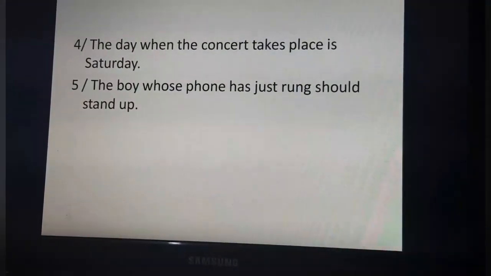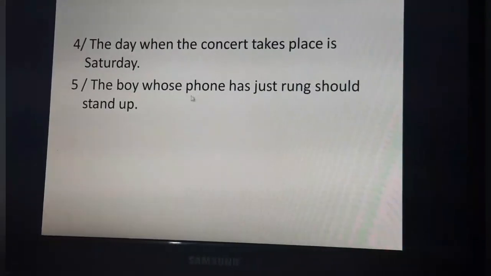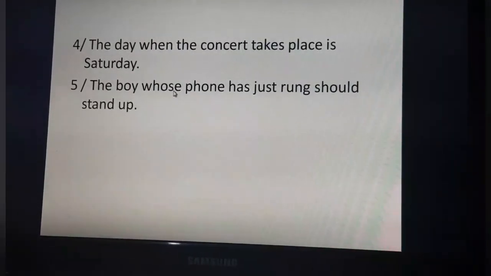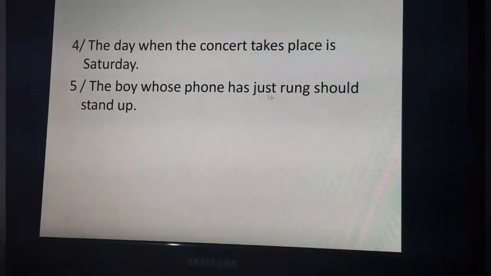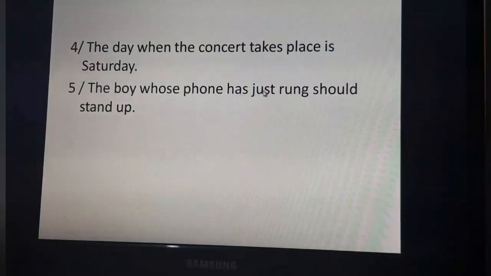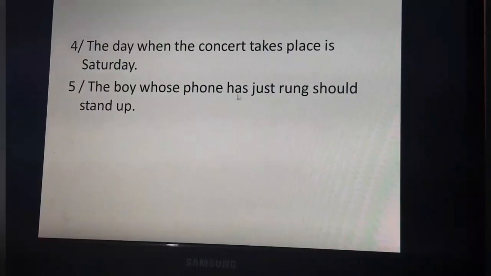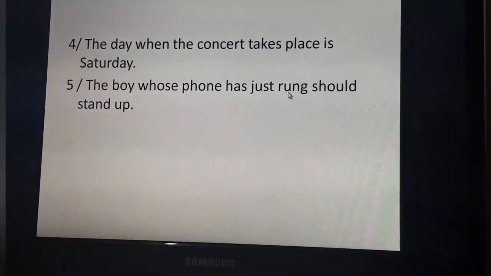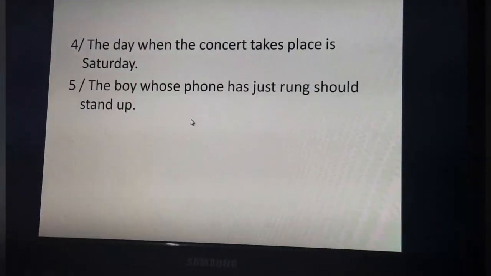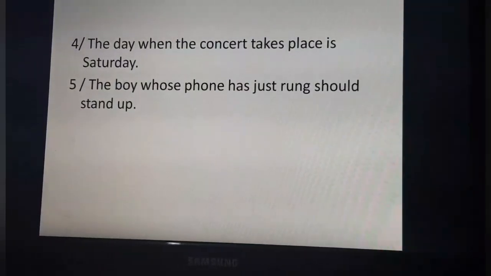The boy whose phone has just rang. يعني الولد الذي رن هاتفه. Whose phone has just rang. يعني الولد اللي صون التليفون ديالو شنو خصو يدير؟ should stand up. دونك هنا عندنا جوج ديال المعلومات.